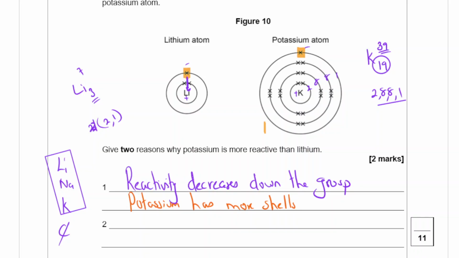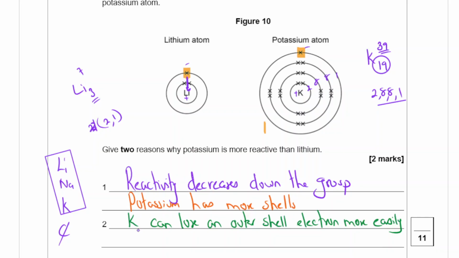Or you could say potassium, let me use the symbol. Potassium can lose its outer shell electron more easily.